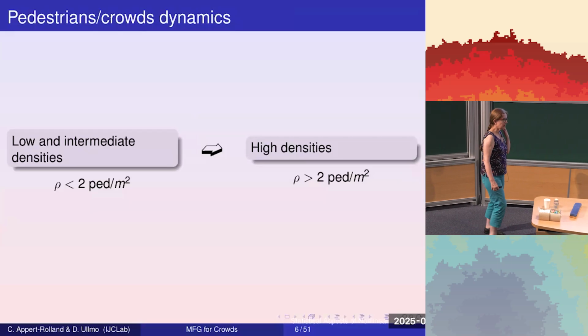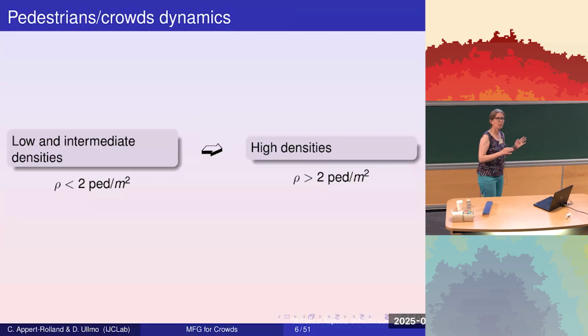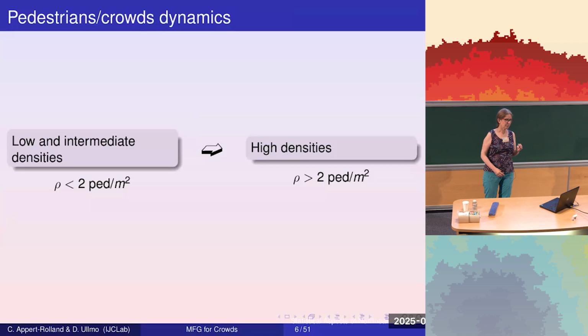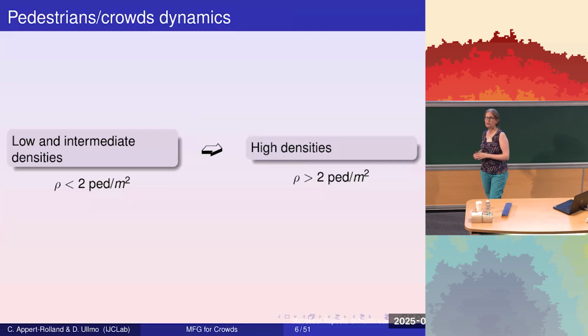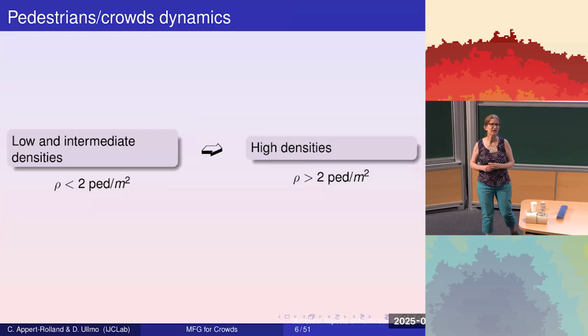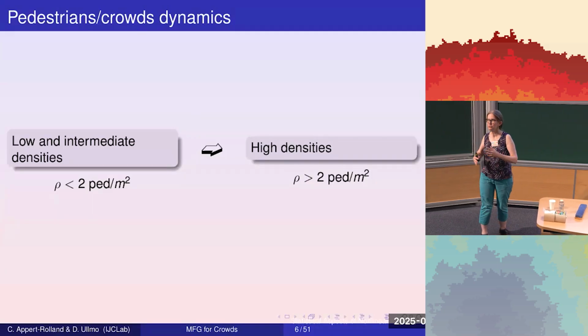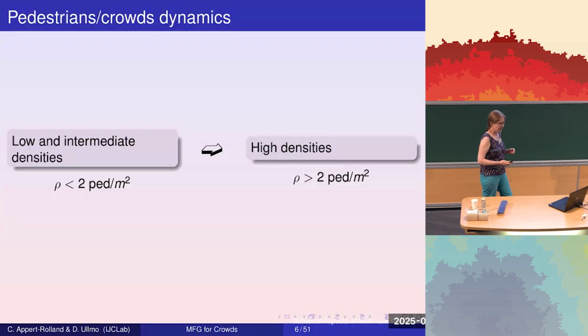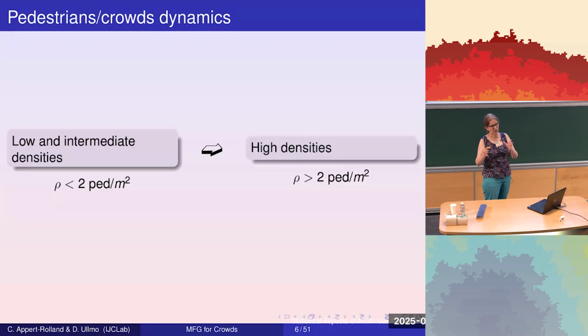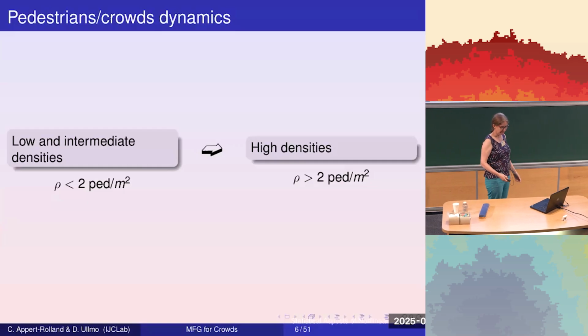Usually the first models were designed for low densities, and I would say low means less than 2 pedestrians per square meter. But of course, there are a lot of issues and challenges for high density crowds. And so people now try to go towards higher densities. It's in this global evolution of the field that our work takes place.